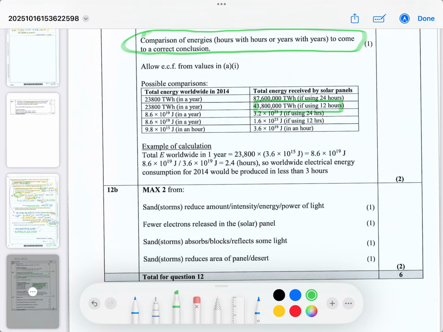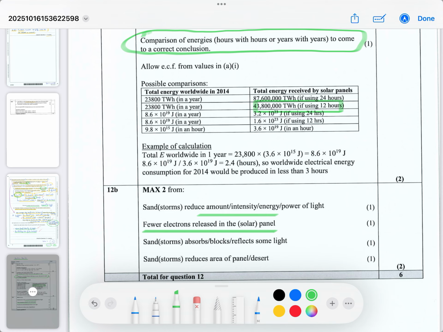It's not a long question to finish the exam paper with, but it's 6 marks, and you can see the final bit about the sandstorm. Yes, reduced intensity. And then here they're even accepting fewer electrons released by the solar panel because they are semiconductor devices. Now, I don't think they'll be released.